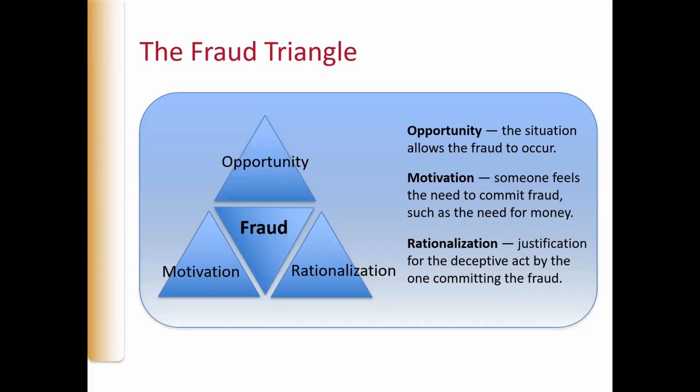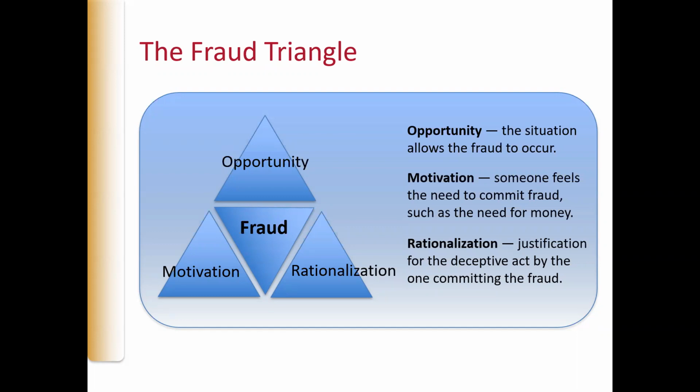Now, rationalizing it means they justify it in some manner. They might even justify it by saying, but I'm going to pay it back. Or they might say, well, I'm not getting paid enough. I deserve this. However they rationalize it, they've got to have these 3 elements. There's an opportunity to commit fraud, there's motivation, and there's rationalization.